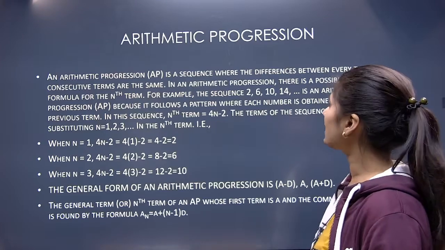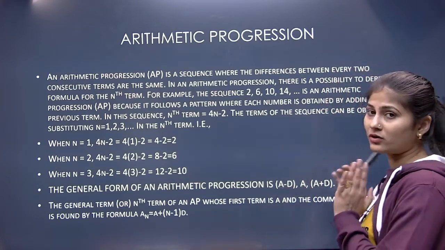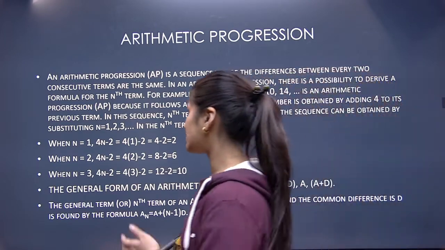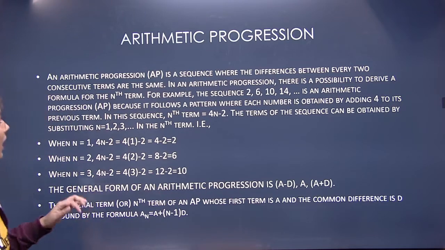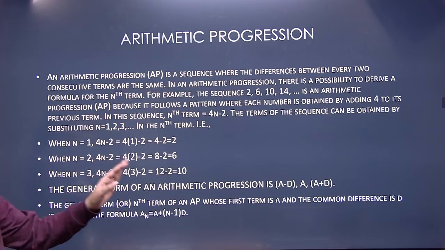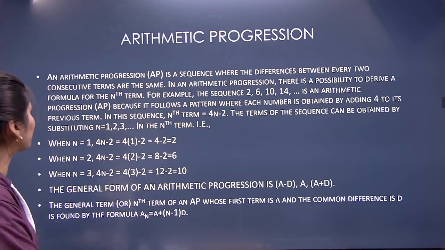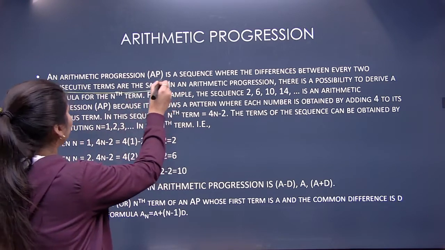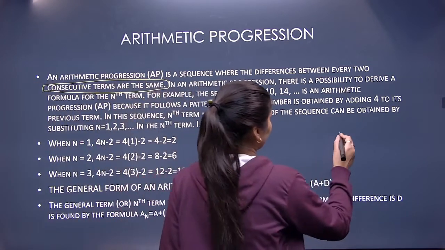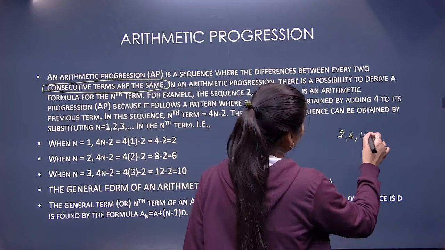Now let us start with the arithmetic progression. We know about this topic, still we will memorize it for solving questions of class 11. An arithmetic progression is a sequence where the difference between every two consecutive terms is the same. If you remember from class 10, there is an AP like 2, 6, 10, 14.